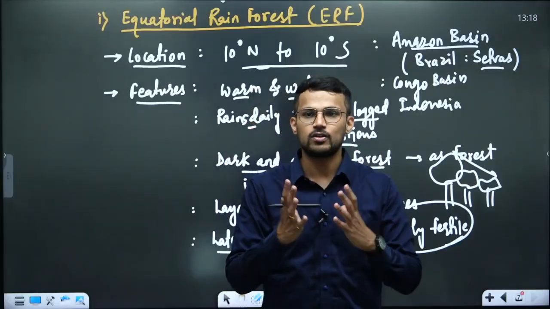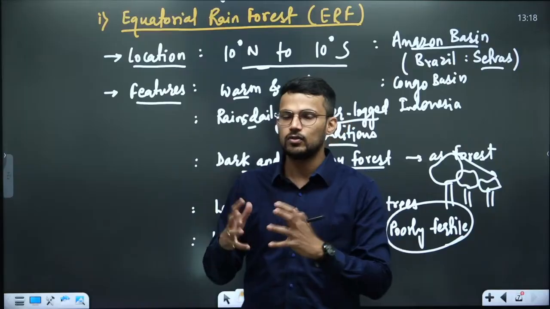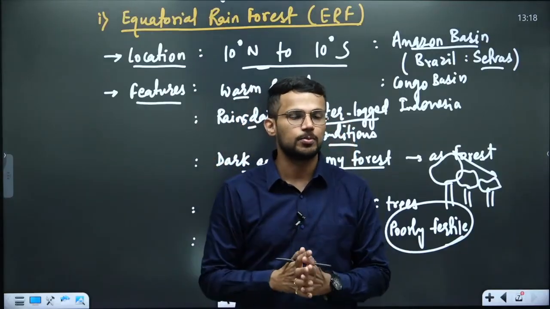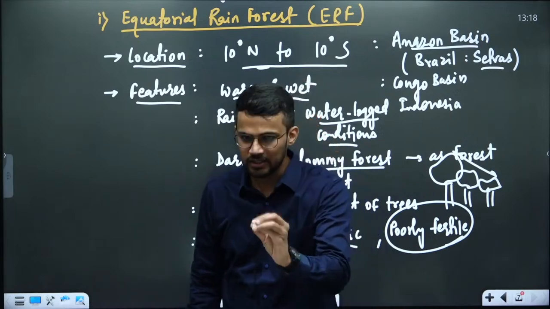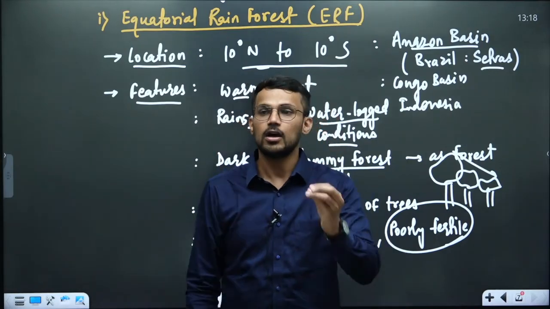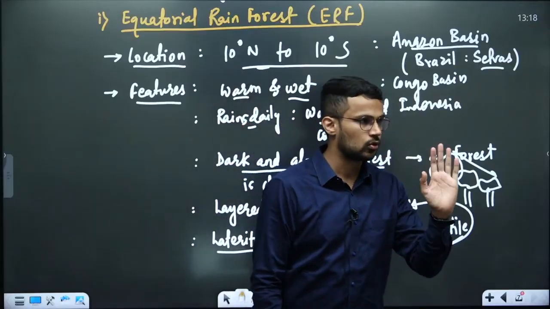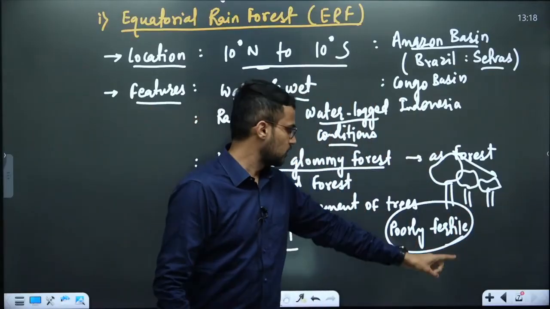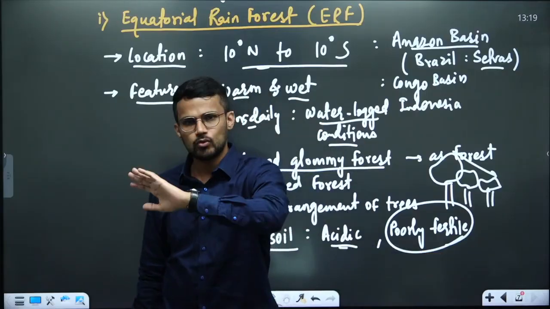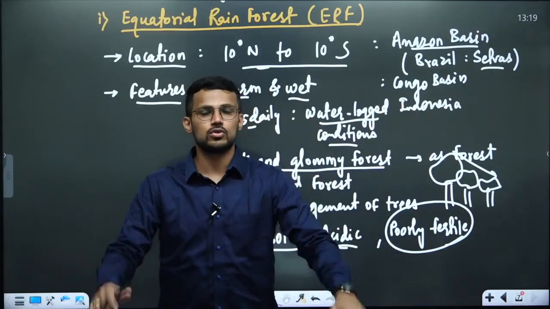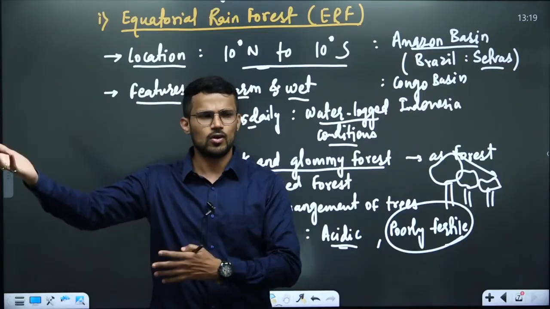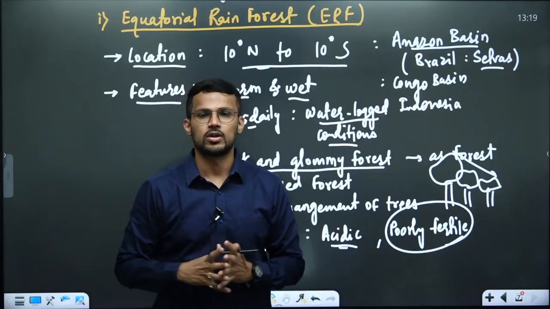If we cut down that forest today, and plant some other varieties of species, on their own they won't be able to grow. वो जो plant species हम plant करेंगे, on their own they won't be able to grow in our lifespan due to this kind of soil, right? अगर आपने fertilizers वगैरह add किए वो अलग बात, but naturally those trees will not be able to grow in our lifespan, not even for 300-400 years, right?